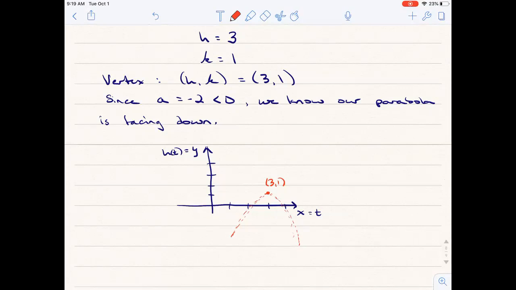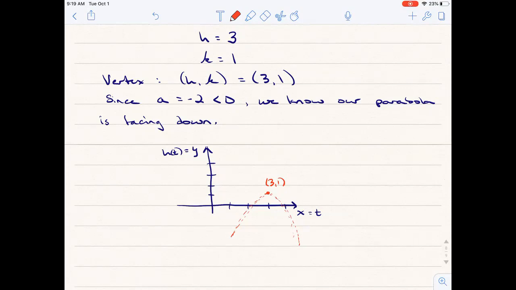If we want to know exactly where these points are, we can do that. We've already solved for the zeros, which is where it crosses the x-axis, using the quadratic equation.